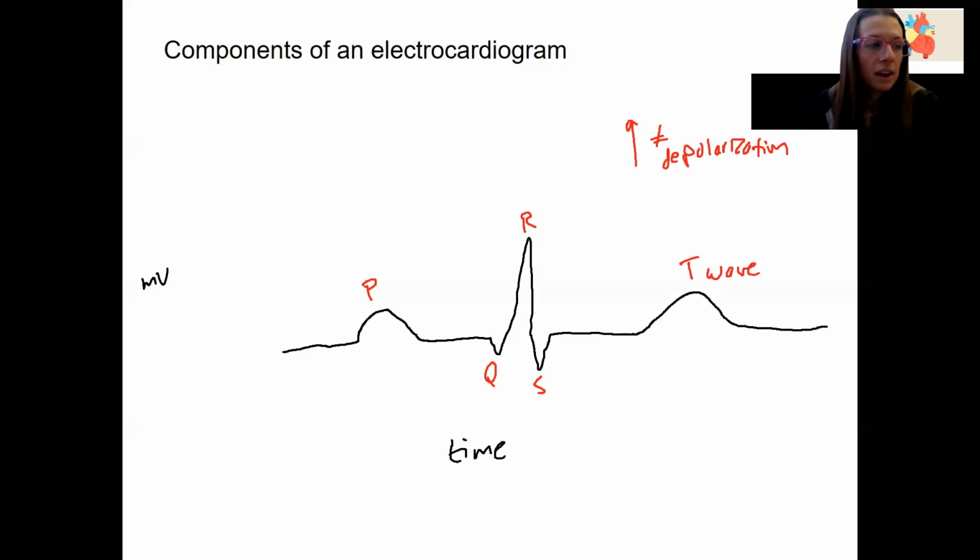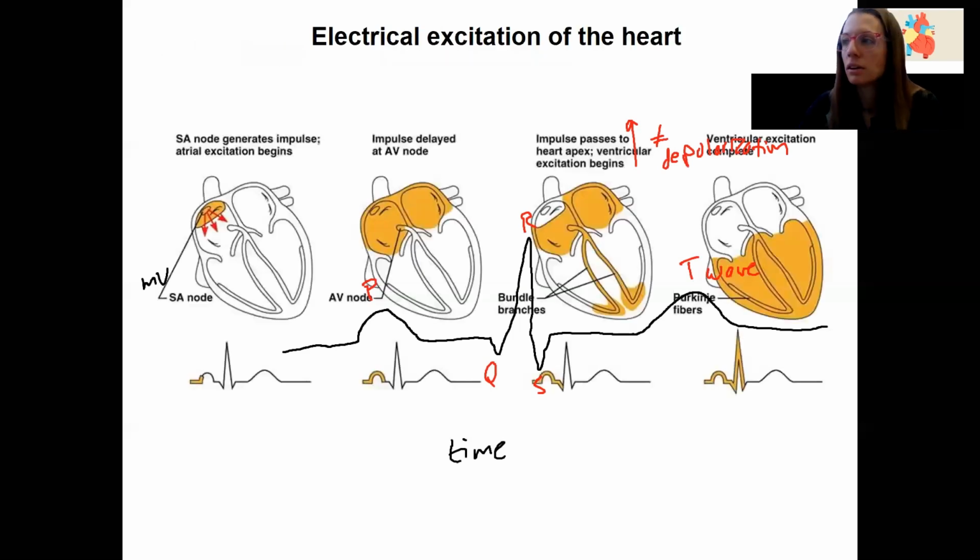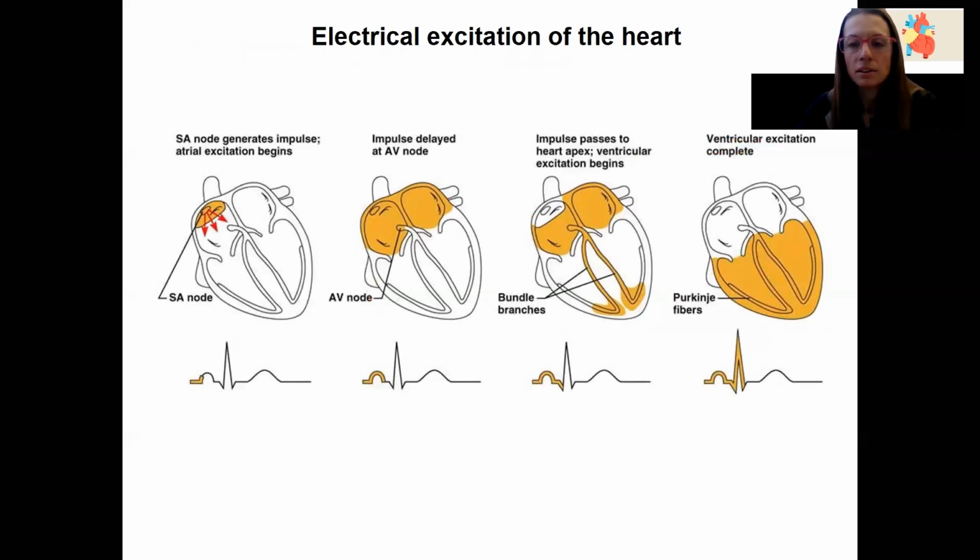Okay, let's look at this with a picture drawn by someone else. This is a little bit more detail on these components. So you know this from the previous video, right? The intrinsic conduction system. You know the signal starts in the SA node, and that is right here, and we're going to start an upward deflection as that signal starts to spread across the atria, and the P wave is then what you can see on the EKG when the atria depolarize.